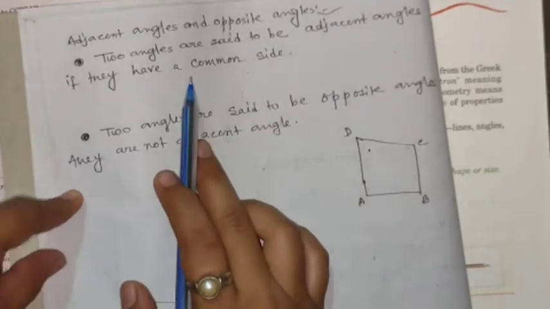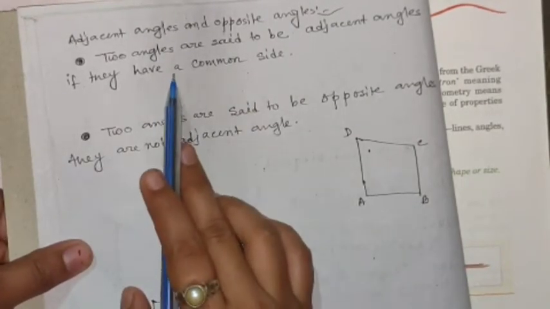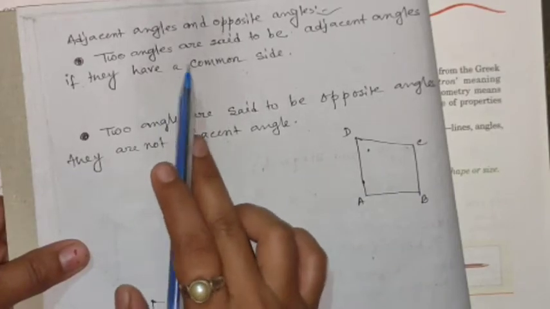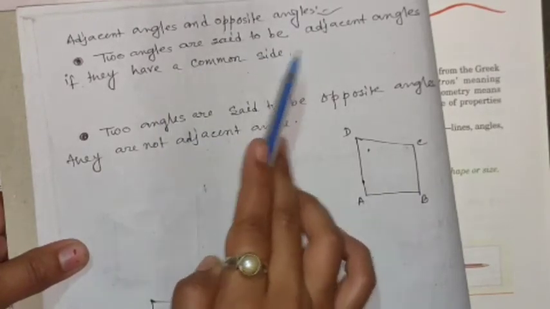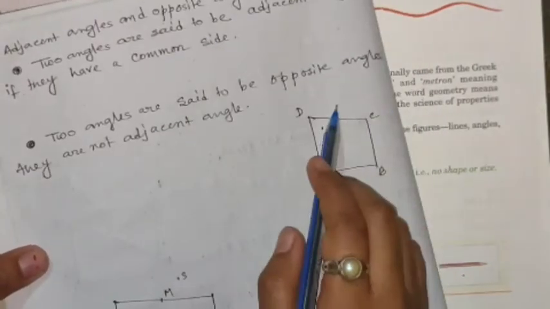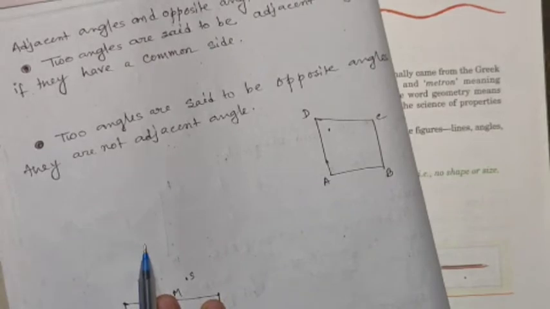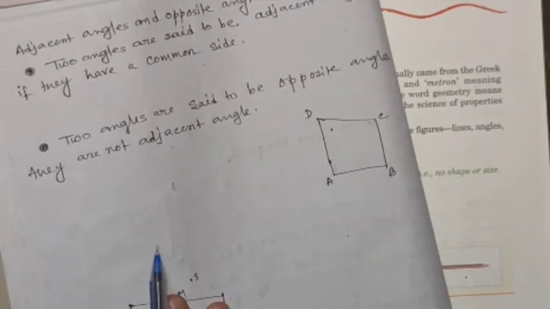Now let's learn about adjacent angles and opposite angles. What are called adjacent angles? Two angles are said to be adjacent angles if they have a common side. An angle has two sides.